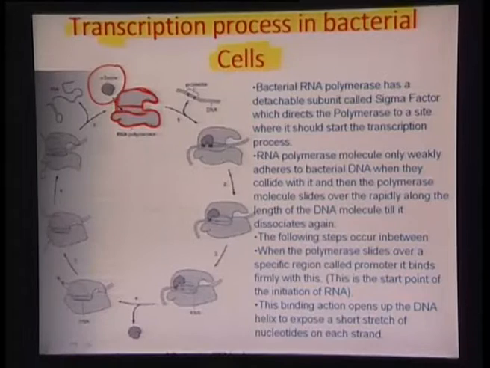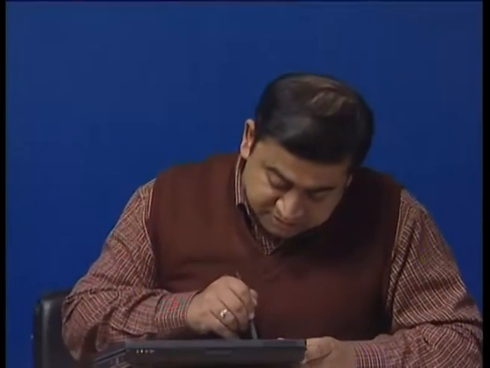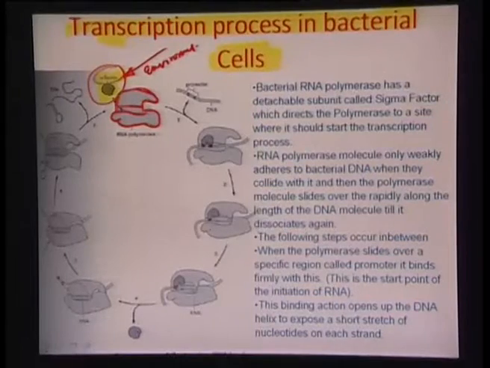So there is a chemical signal which would come to this particular RNA polymerase enzyme, which would tell exactly where on the DNA you should bite, so that you can start producing the messenger RNA. Okay. So this chemical signal is also a function of the environment. It is called sigma factor.